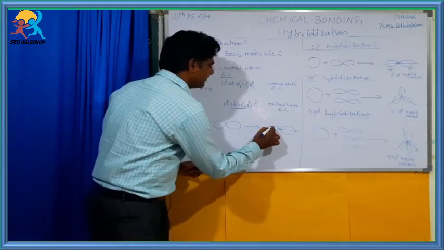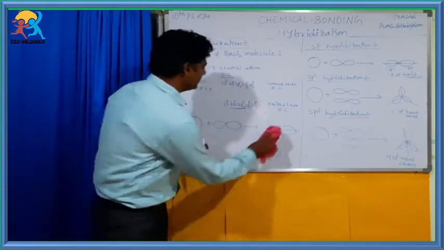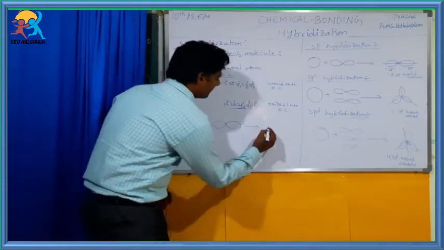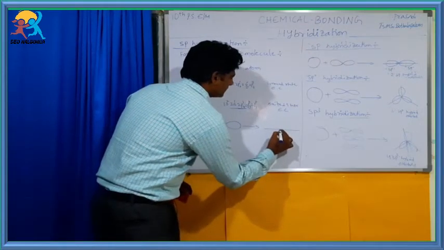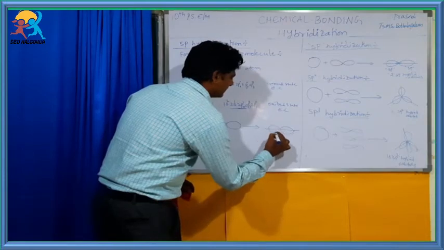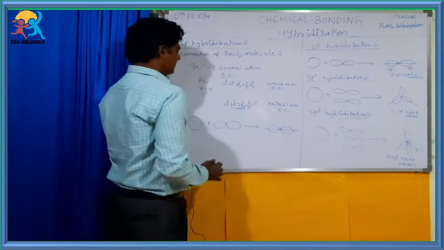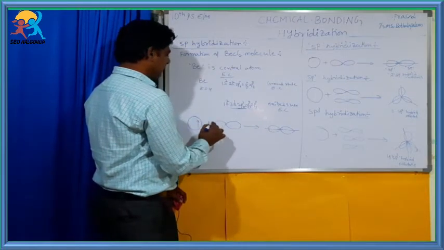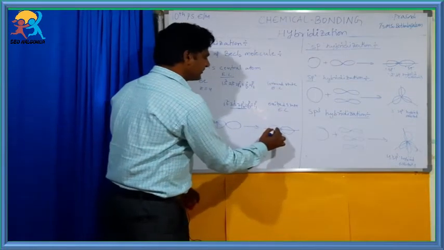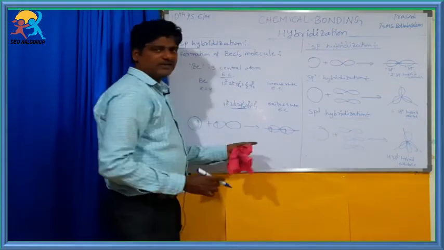The electrons are also equally distributed in each sp hybrid orbital. This is the beryllium atom.